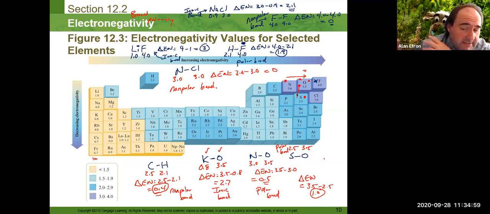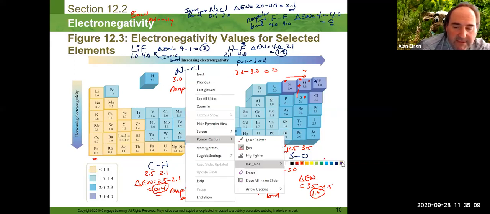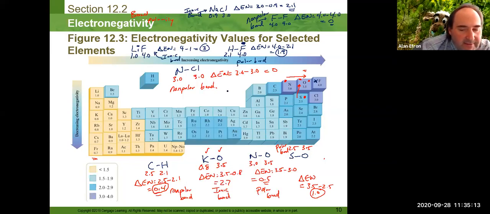Now, there are some exceptions, obviously, and when we see nitrogen and chlorine, those are two different elements, but they have the same electronegativity, which means that we would expect them to share those electrons equally. That is because of what is sometimes referred to as the diagonal rule.